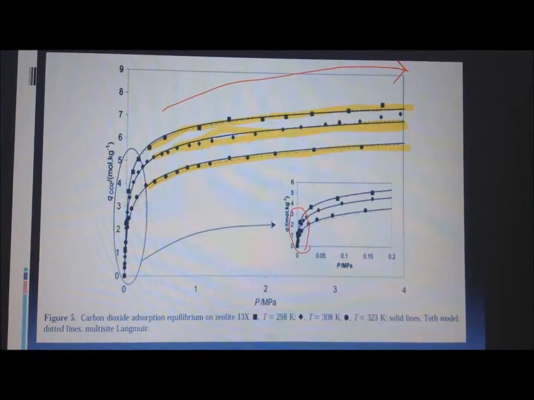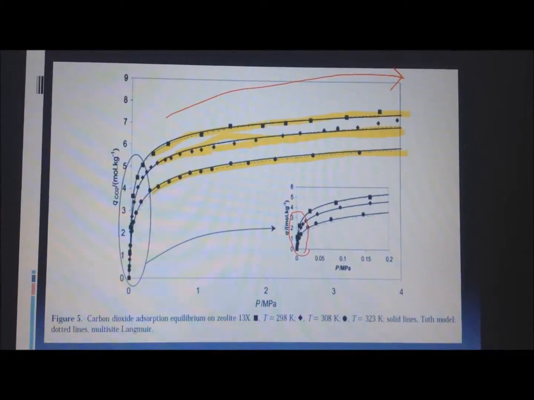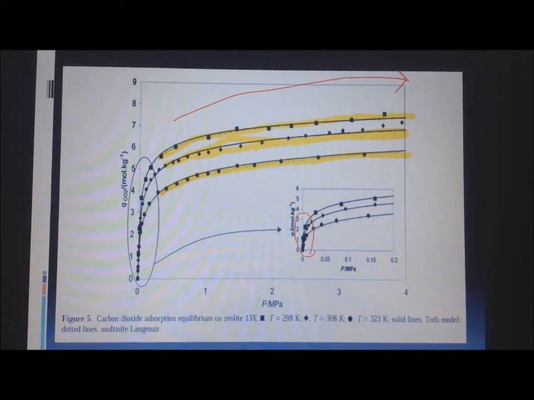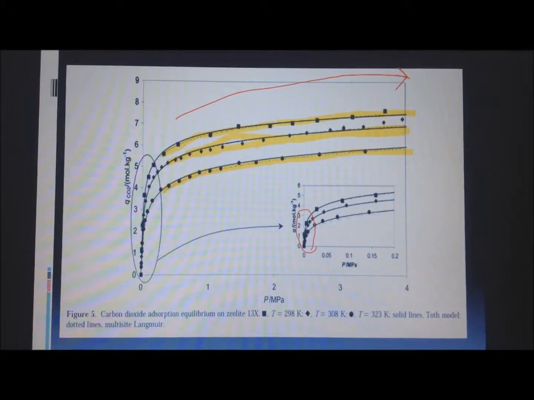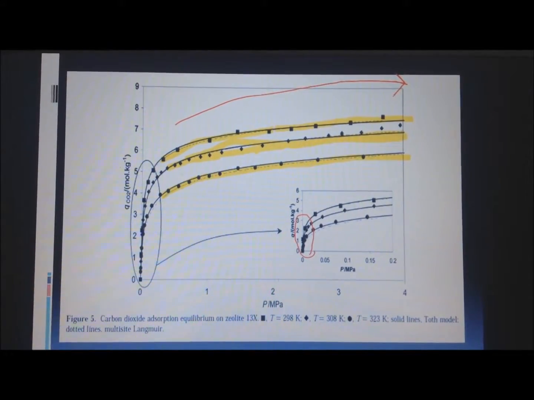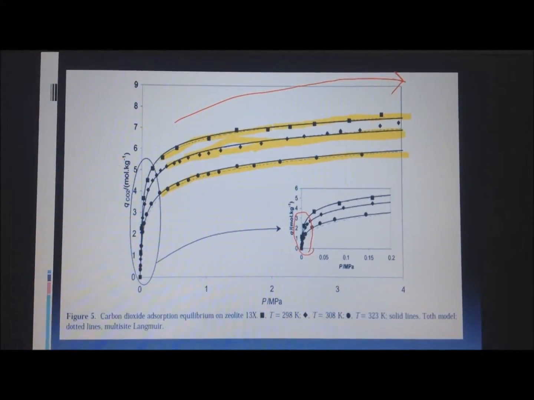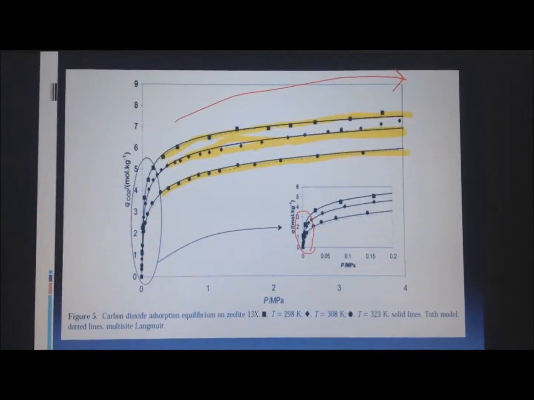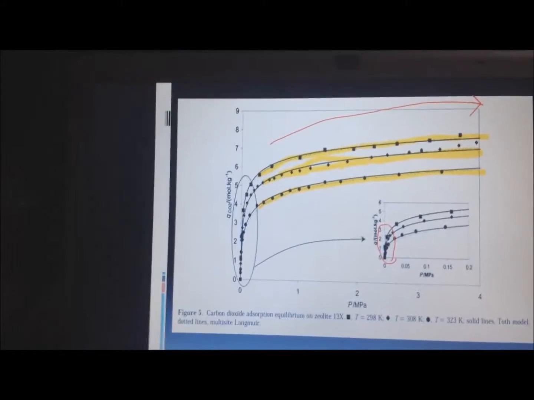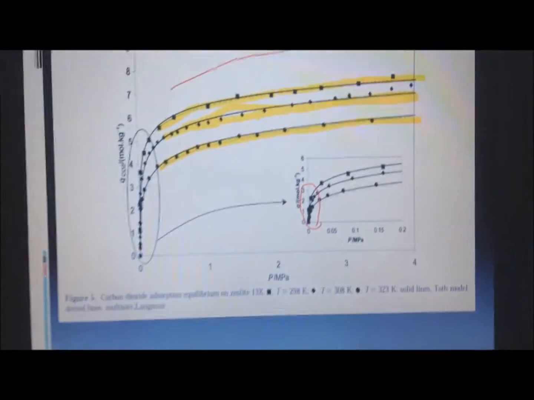Figure 5 is the carbon dioxide adsorption equilibrium on zeolite 13X. The box represents the temperature at 298 Kelvin, the diamond represents 308 Kelvin, and the circle represents 323 Kelvin.